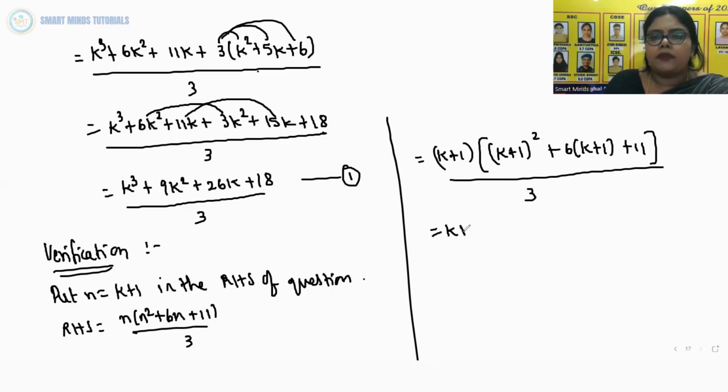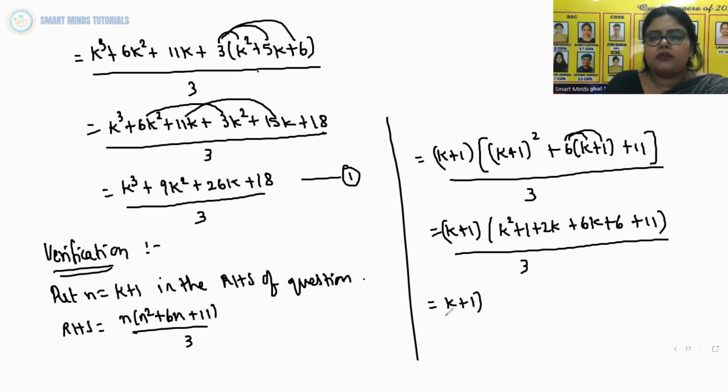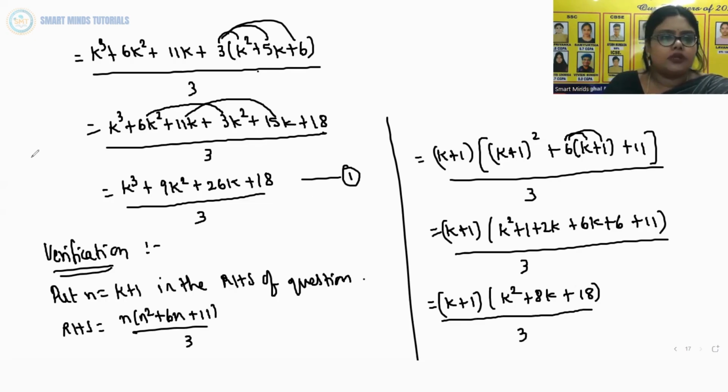So that is (k+1) into, now open the brackets, k² + 1 + 2k + 6k + 6 + 11. Over here in the first bracket I applied the (a+b)² formula. Then here I multiplied this into this, whole divided by 3. That is (k+1) into, now we need to simplify this, (k² + 8k + 18) by 3.